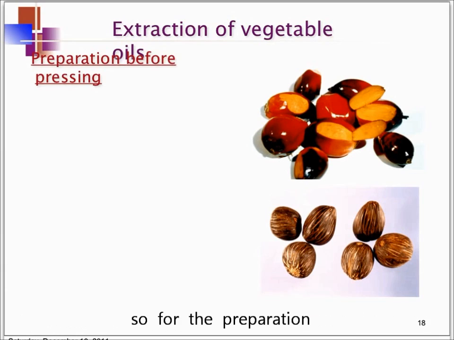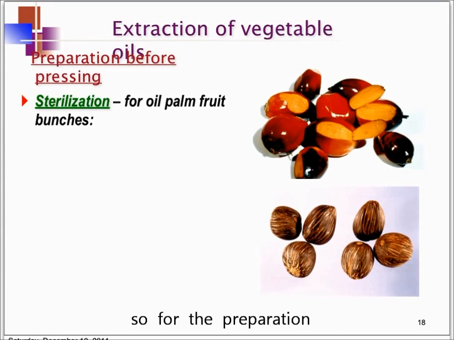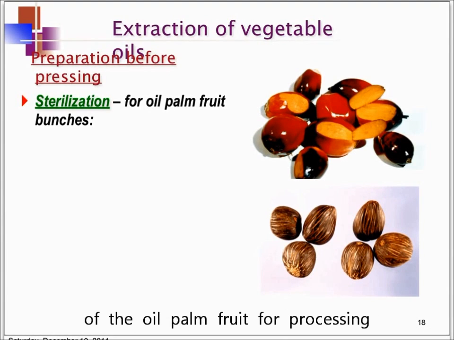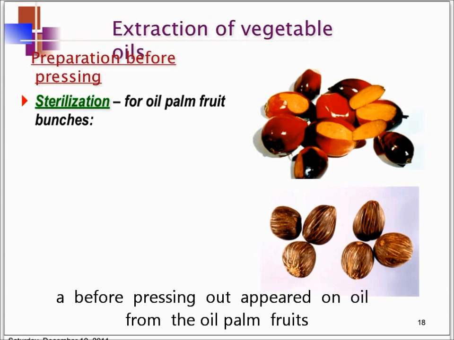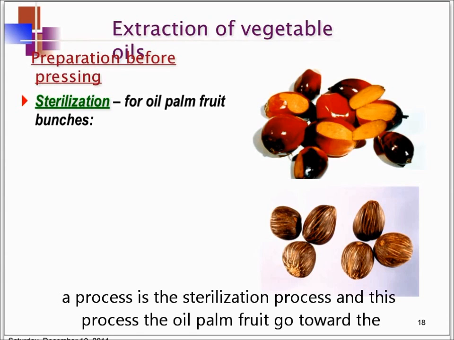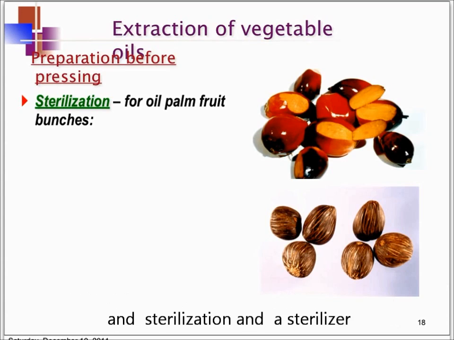So for the preparation of the oil palm fruits before processing, usually they go through the sterilization process. Before pressing out the oil from the oil palm fruits, the first step is sterilization, in the sterilizer.